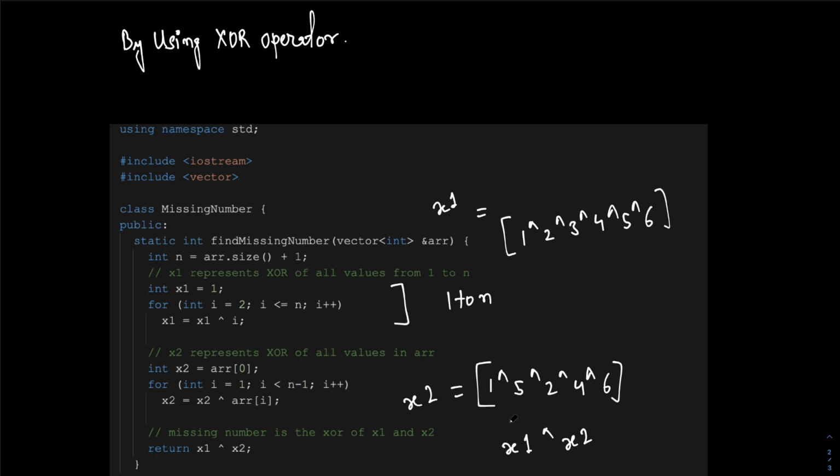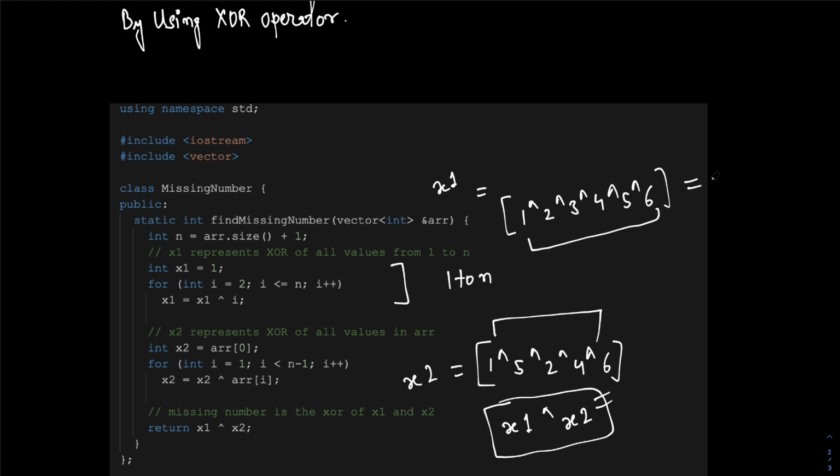Now you're thinking, how can we get our answer from this XOR value? So let's calculate what's going to be the XOR of this number and this number. The XOR of all these numbers is 1 1 1, and the XOR of all these numbers is 1 0 0. Now this is 7 in decimal and this is 4.